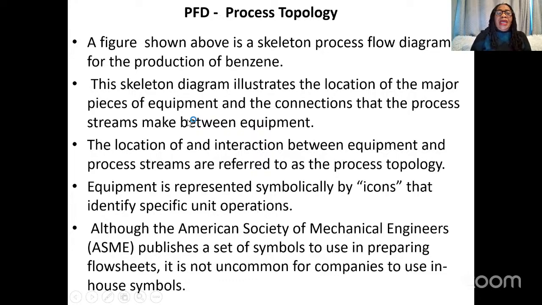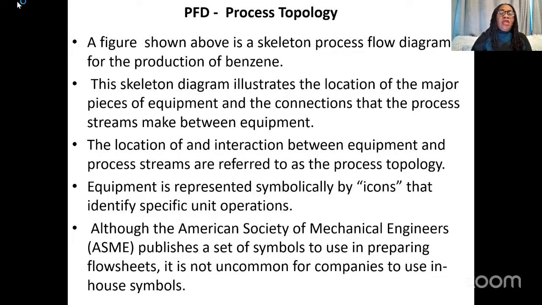As shown in the figures I showed you, figure 1, 2, 3, the flow diagram is as shown in the skeleton process flow diagram for the production of benzene. The skeletal diagram illustrates the location of the major equipment.